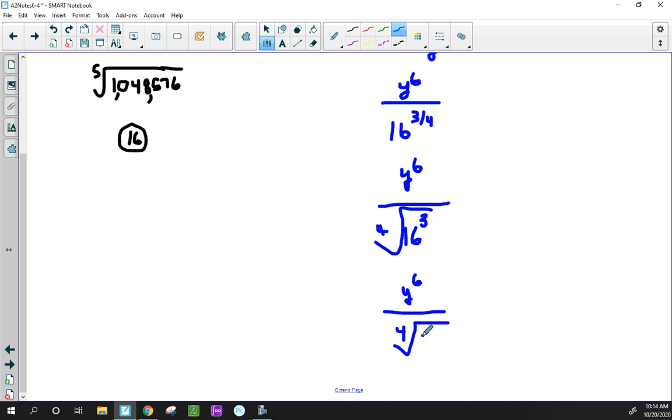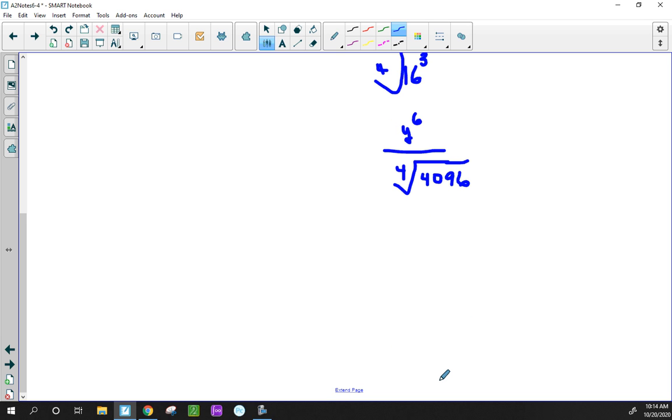Sixteen to the third is 4,096. And then check and see if you can actually do the fourth root of 4,096.